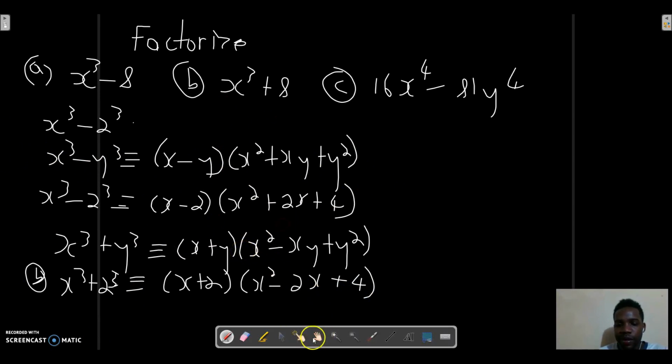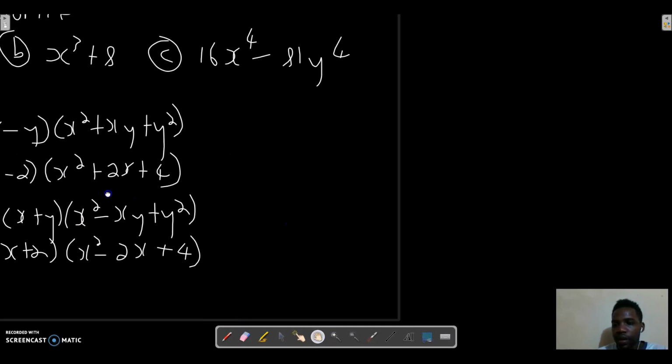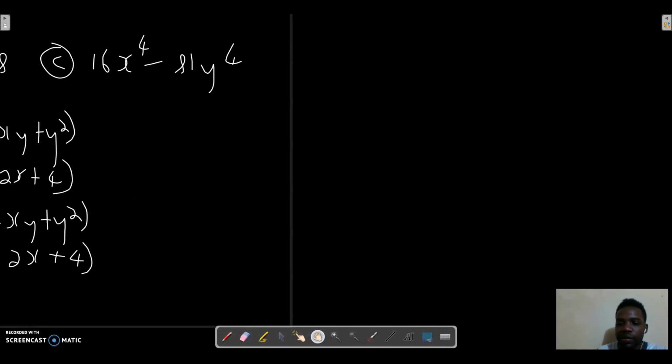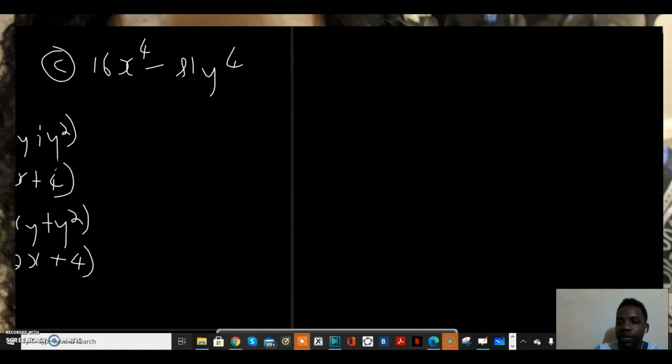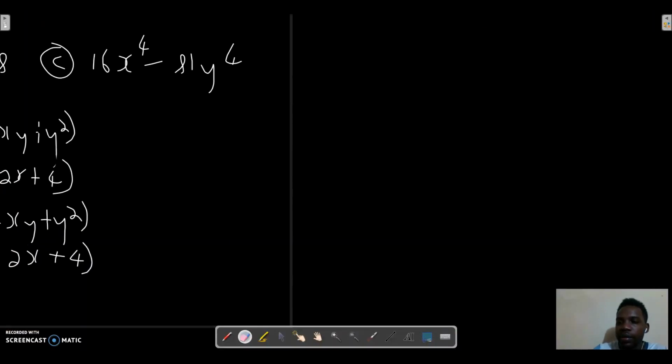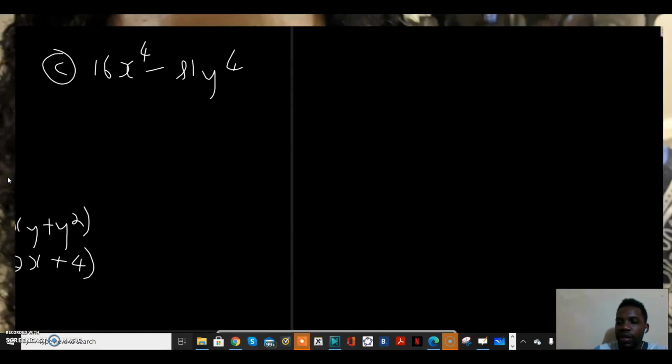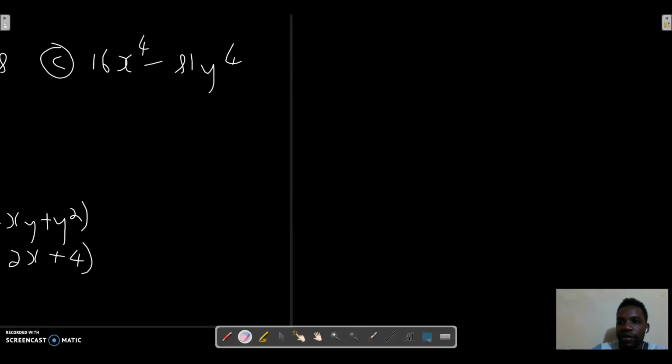Alright, let me create some space here for c. Now, where c is concerned, we did speak about c in several lights. We can start by looking at c as the difference of 2 squares initially, because c can really be dealt with as the difference of 2 squares. So in this example, I could think of this as difference of 2 squares. Let me just write back everything first. 16 is really 2 to the 4, and 81 is really 3 to the 4.